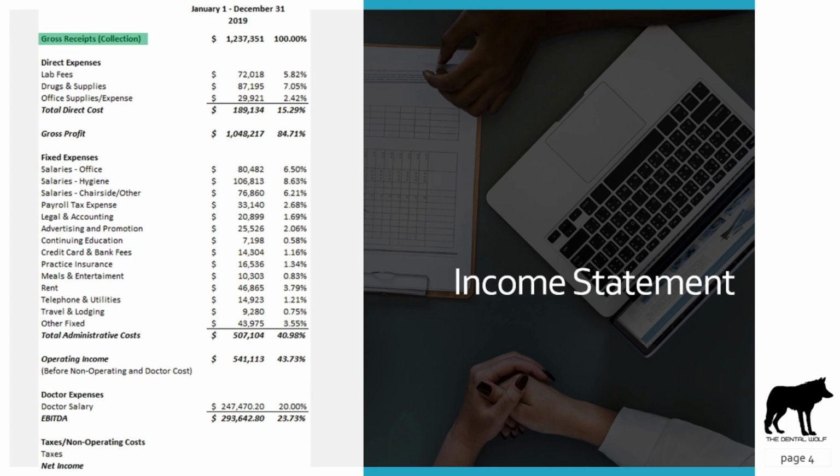The next piece of it are our expenses. Now we have two types of expenses here. We have direct expenses and fixed expenses. Direct expenses you can think of as kind of the cost of goods sold, or in other words, the expense of the actual service being provided.